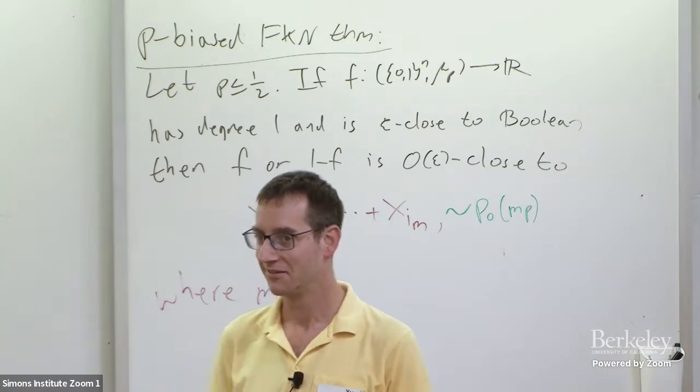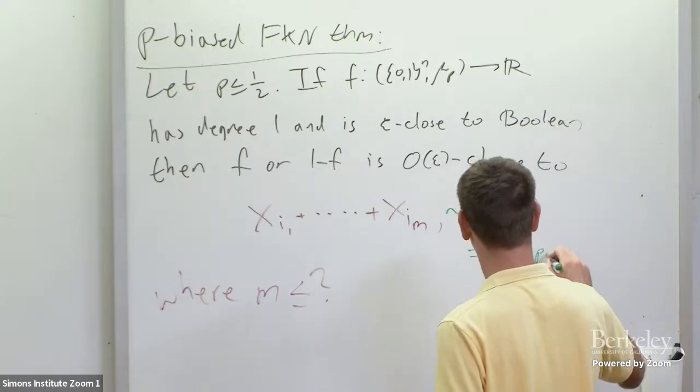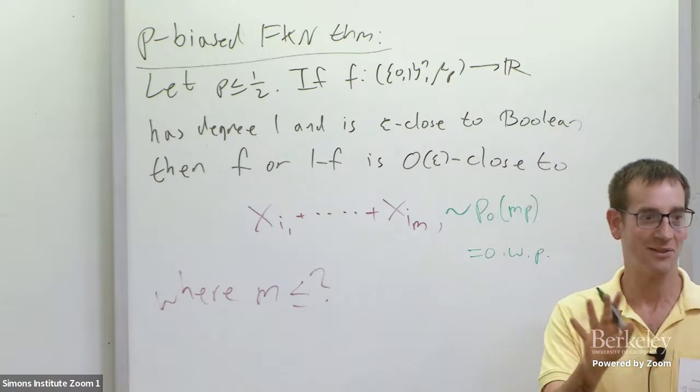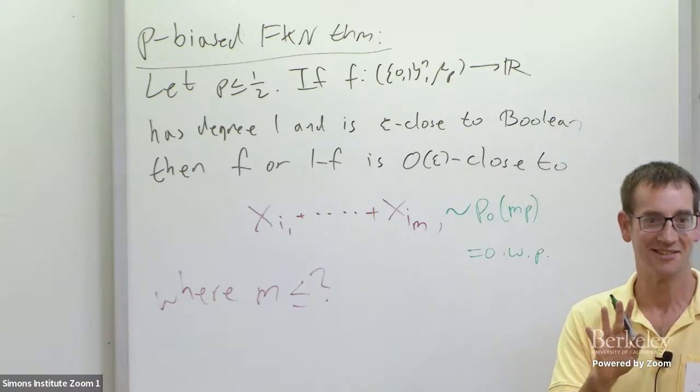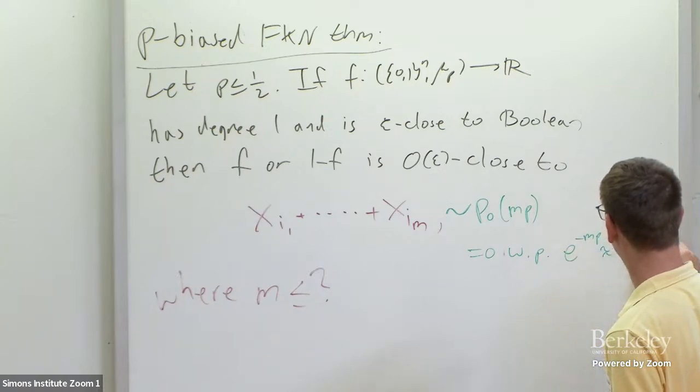Some people here are experts in statistics, so they should know this. It's e to the minus mp, which is roughly 1 minus mp.